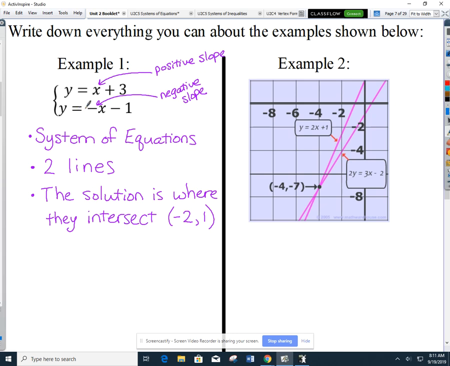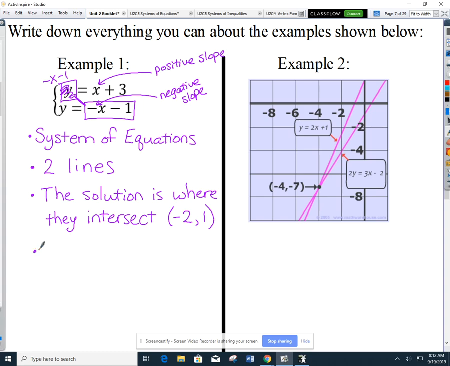If you did, since y equals -x minus 1 and y also equals x plus 3, we can replace y with its equivalent. If y is the same as -x minus 1, then why don't I just put -x minus 1 right here, and then I can solve the equation.